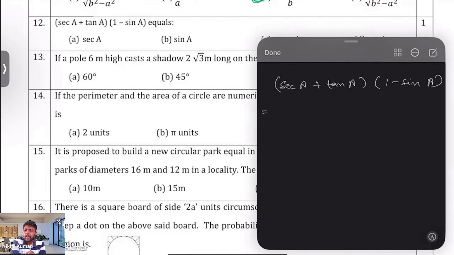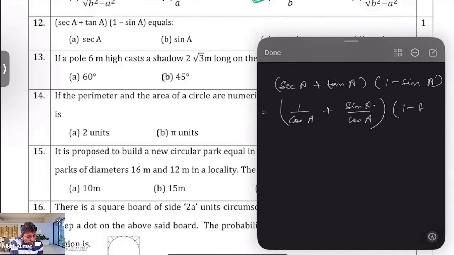Sec A, how can we write sec A in terms of sine or cosine? You see, sine, cos, tan, cot, sec, cosec. So sec is basically 1 upon cos. What about tan of A? It's sine A upon cos A, isn't it?